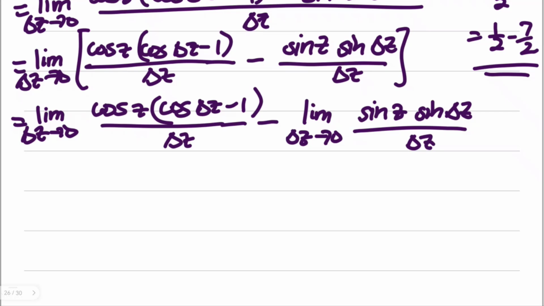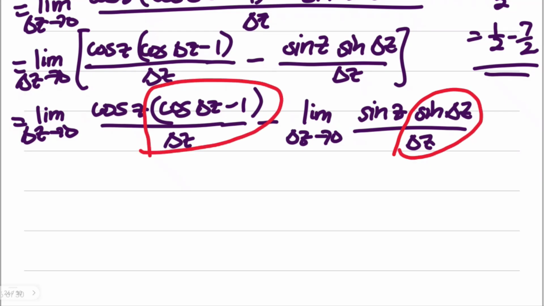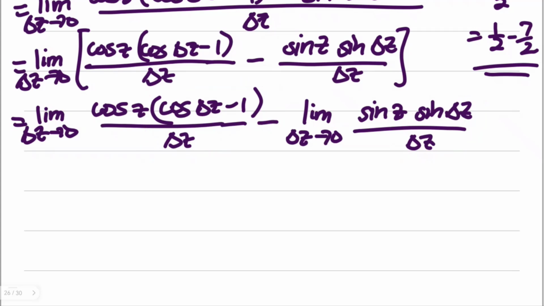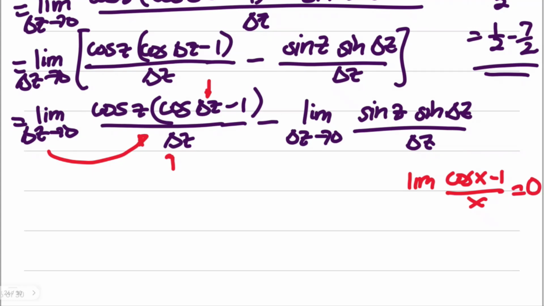I would like to do that because this and this one, just like in the previous video, have equivalent values. In our calculus, previously, when we have the limit of cosine x minus 1 over x as x approaches 0, and of course you can distribute that here, this is just equivalent to 0.